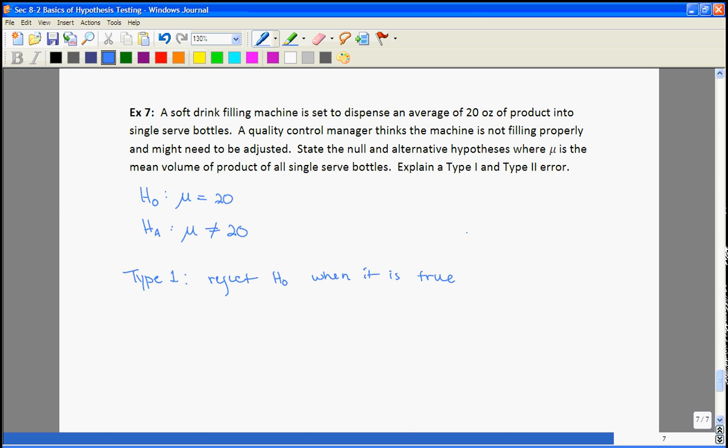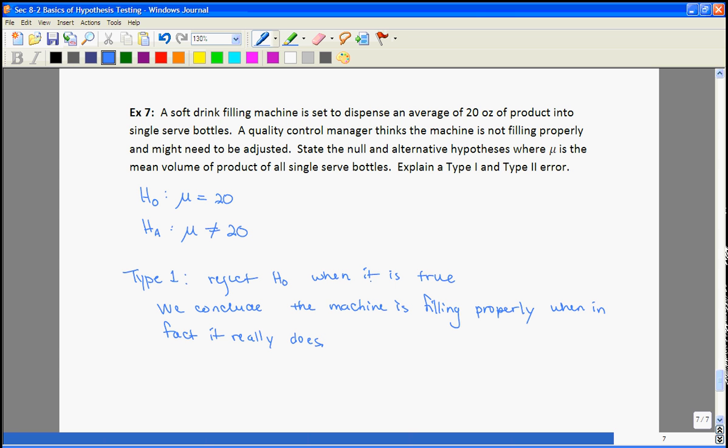So in the context of this problem, what we're saying is we conclude the machine is not filling properly when in fact it really is.